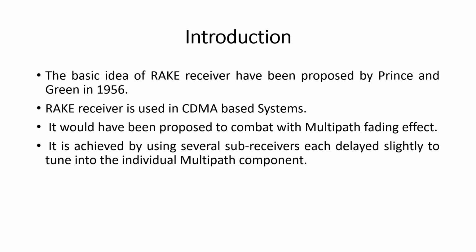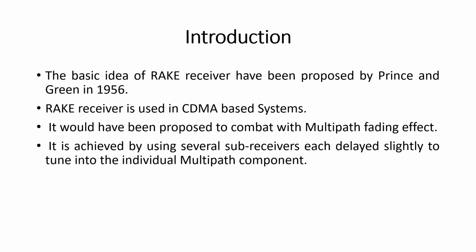It was proposed to combat the multipath fading effect, since this multipath fading effect is responsible for the degradation of our signal. So it was developed to reduce this effect. It is achieved by using several sub-receivers. These sub-receivers are each delayed slightly to tune into the individual multipath component.